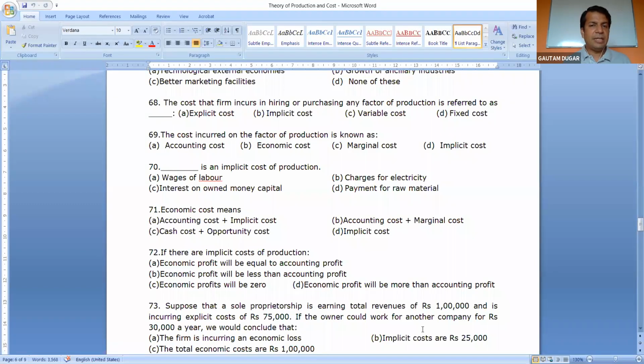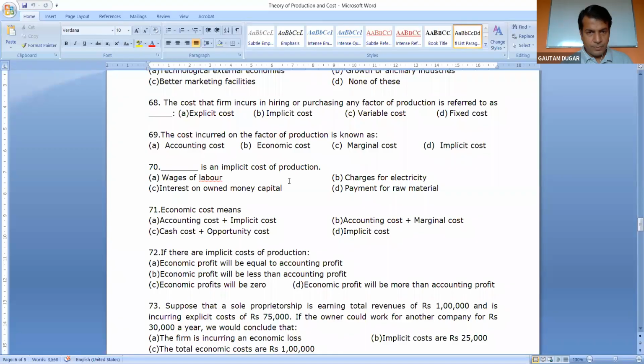70. Dash is an implicit cost of production. Let me see, anyone can answer this. Just 1 second.